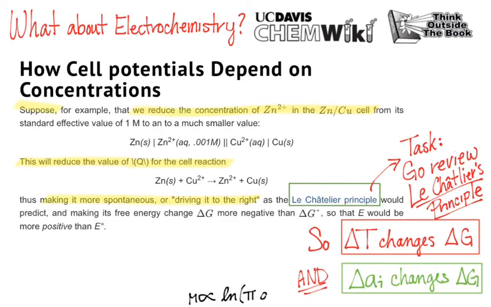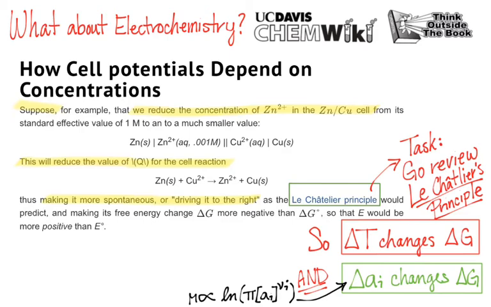Because activity is related to the natural log of the product of activities, right? So the chemical potential is proportional to the natural log of the product of activities raised to their stoichiometric coefficients. That's why we're getting that quotient of products and reactants, which is really how we're saying that change in activity changes Gibbs free energy.